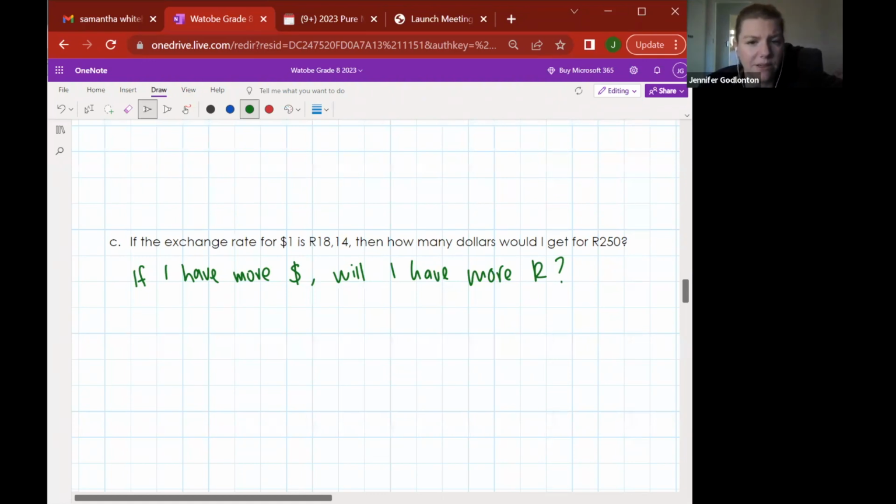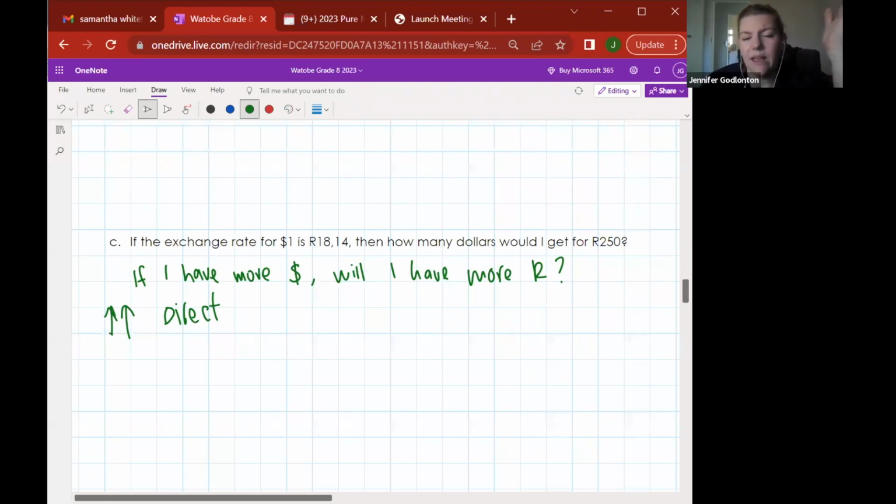Yes, I absolutely will. If I have $1 and it is 18 Rand 14, if I have $2, I'm going to times that by 2. So if I have more dollars, I would have more rands. And so because that is true, both are increasing, which means it is direct.